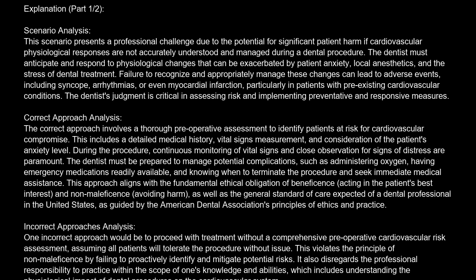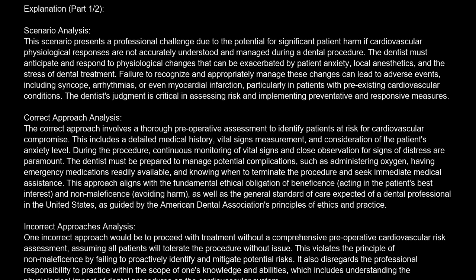Correct approach analysis. The correct approach involves a thorough preoperative assessment to identify patients at risk for cardiovascular compromise. This includes a detailed medical history, vital signs measurement, and consideration of the patient's anxiety level. During the procedure, continuous monitoring of vital signs and close observation for signs of distress are paramount.